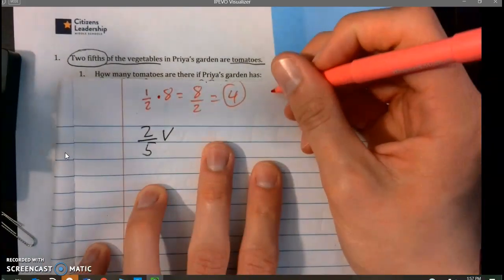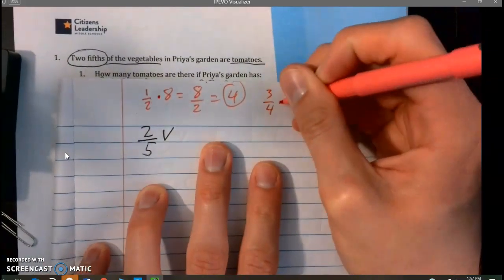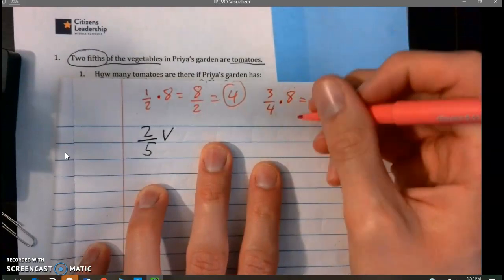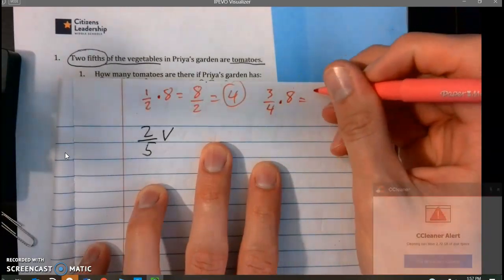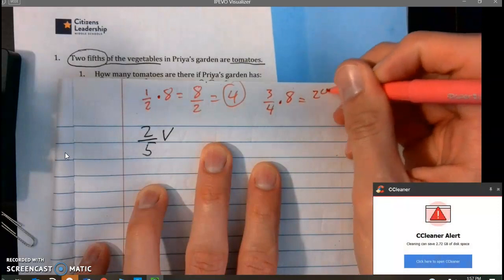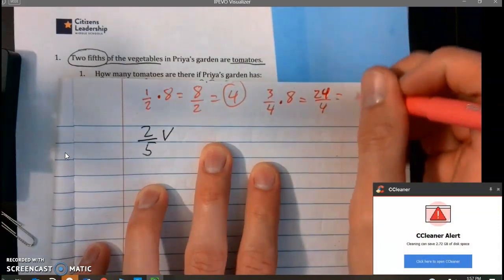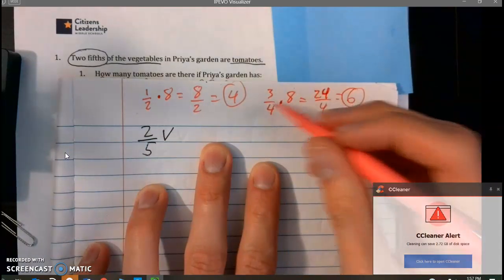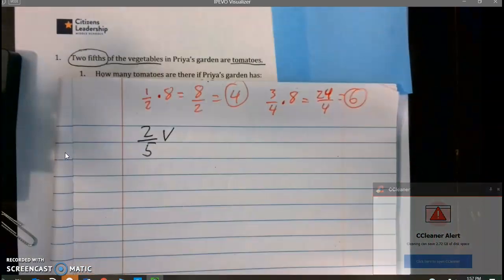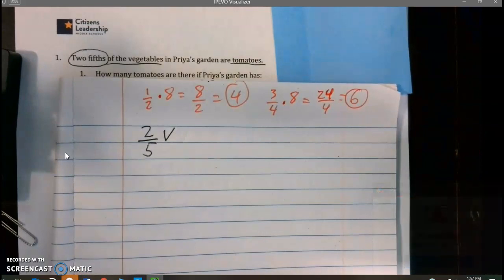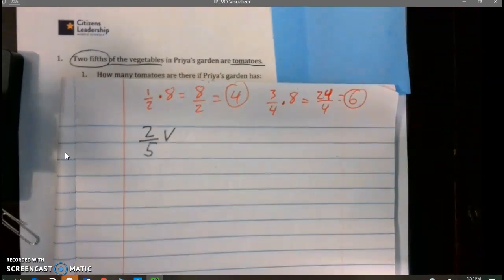Let's say you wanted to know what 3/4 of 8 is. Then you would multiply 3/4 times 8, and you would get 24 over 4. And remember, fractions are division, so 24 over 4 is 6. So 3/4 of 8 is 6. So anytime you want to find a fraction of a number, you multiply that fraction times that number.